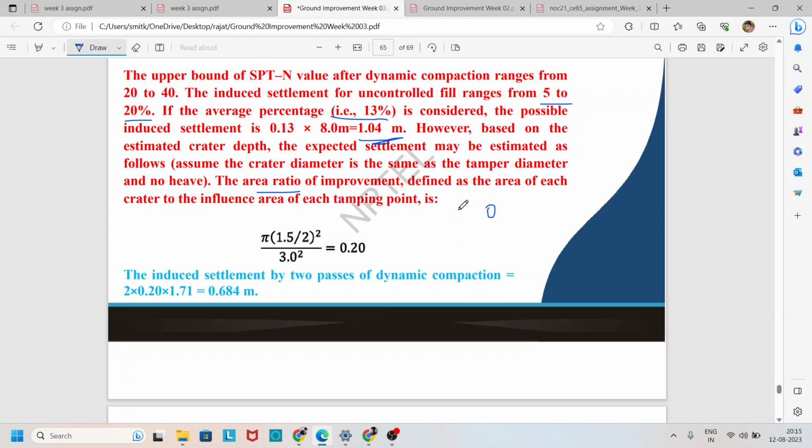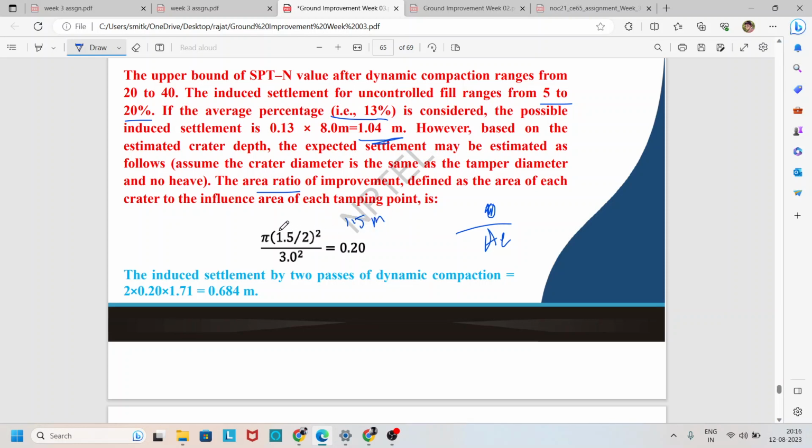To find the area ratio for each point, it is found by the cross sectional area of the crater divided by the influence area, that is A. Here the cross section diameter of the crater we take equal to the diameter of the tamper, so it is 1.5 meter.